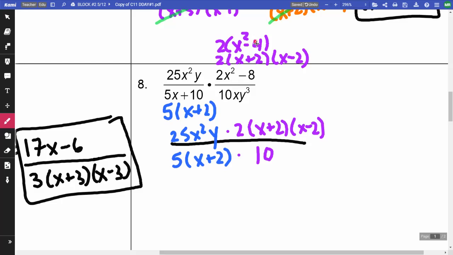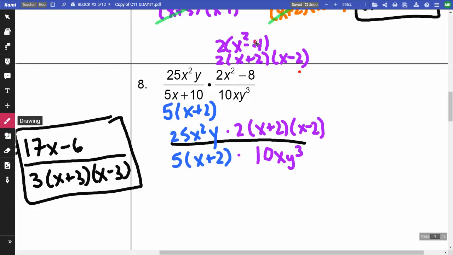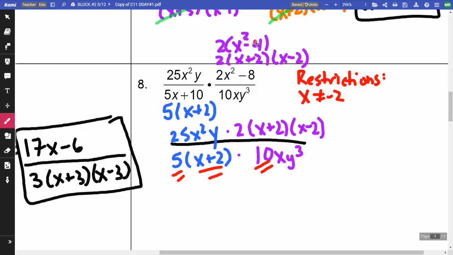And let's see, bottom, we get a 10xy cubed. Restrictions on this, I'm going to have for x and y in this case. So x cannot be negative 2 because of this. The 5 is a 5, it's not going to change. The 10 is a 10, it's not going to change. This x cannot be 0. This y means that y cannot be 0.